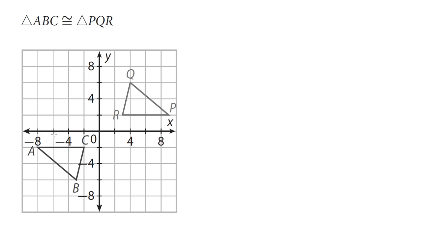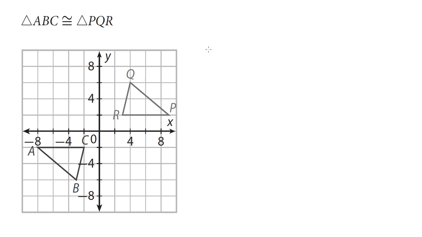So if I think maybe about a rotation, I see that point A is 1 off from the negative 8, and I know that a 90-degree rotation clockwise would put it here, 1 off of the 8 for Y, and another 90-degree clockwise rotation would put it here, 1 off of the 8 for X. Well, it's just pretty close to where P is. So maybe a rotation, and then just to slide it over, right? So maybe a rotation and then a translation. So let's go ahead and test it out and see if that works.